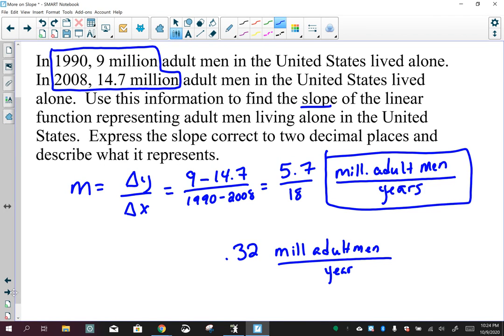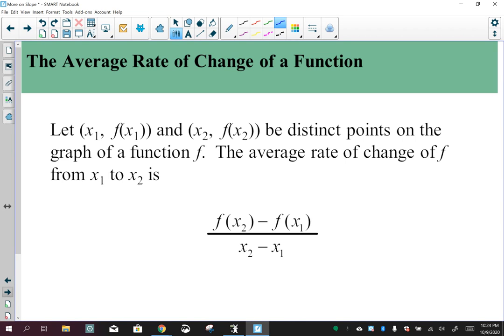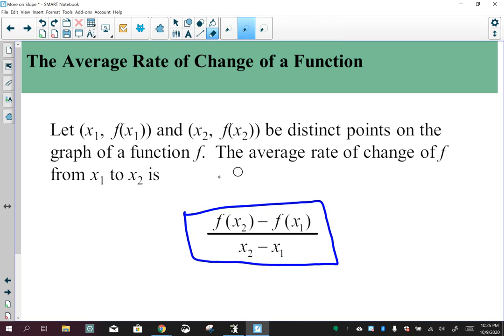Okay, so let's talk a little bit more about this. We're going to talk about this through the average rate of change because this is the other way that you're going to see it. This is the same exact slope formula you've been dealing with. The only difference now is everything is represented in terms of x. So again, f of x2 minus f of x1 all over x2 minus x1.